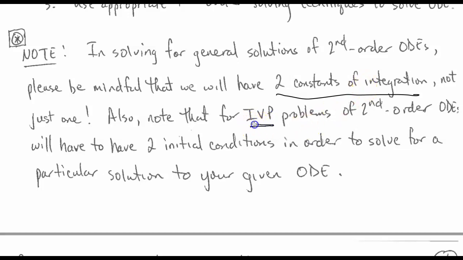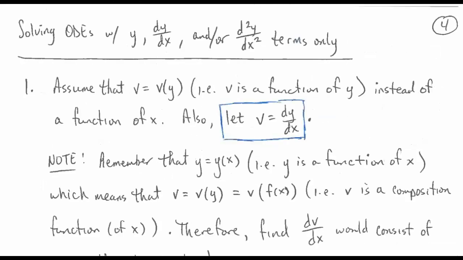And of course, with the initial value problems that we deal with, instead of having just one initial condition, we are going to have two initial conditions now. That makes sense because if we have two constants of integration and an initial value problem, we need to figure out what those actual constants are. So we're going to need two pieces of information to be able to do that, since we have two unknowns.